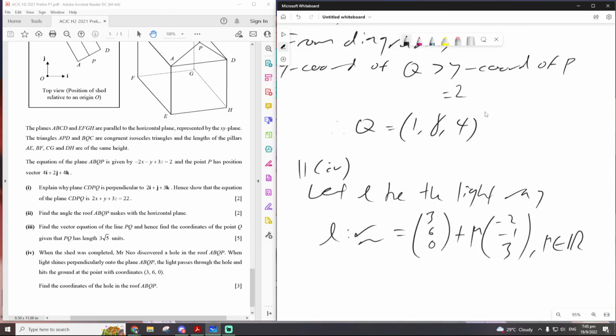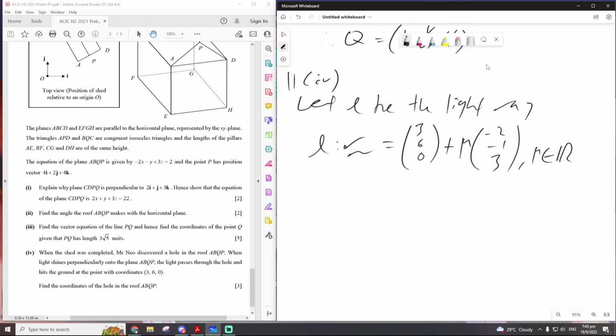We also know that ABQP has a plane equation, which is just r dot (-2, -1, 3) equals 2.